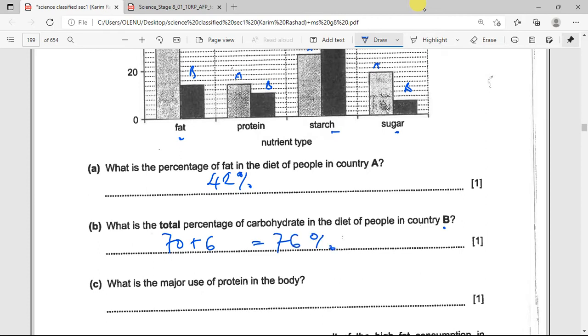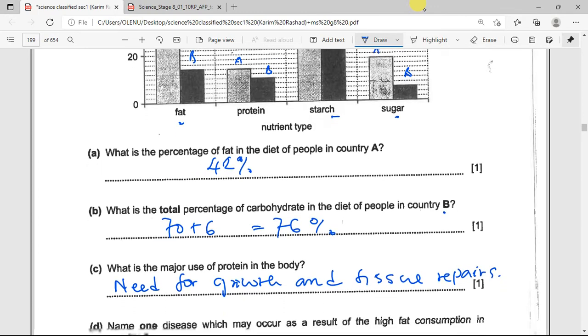Now, what is the major use of proteins in the body? Proteins are needed for growth and tissue repairs.